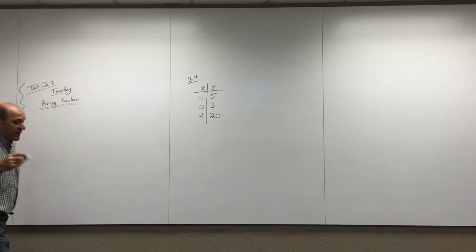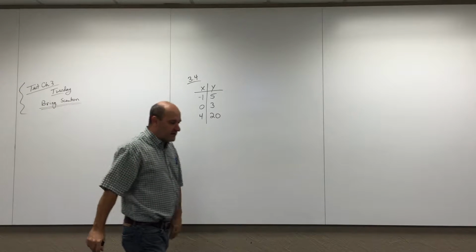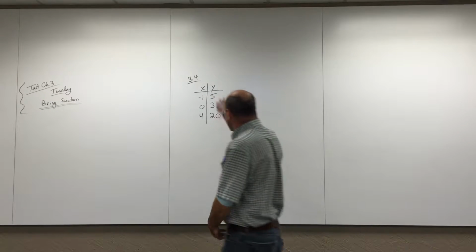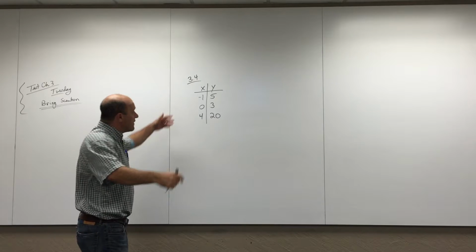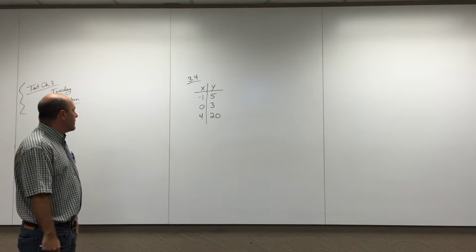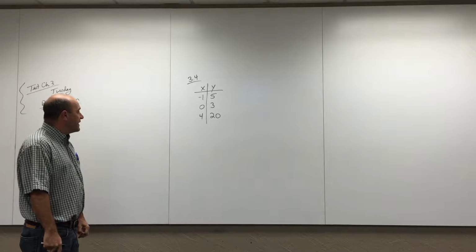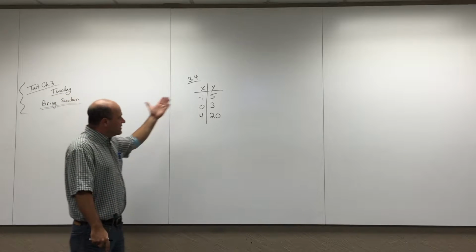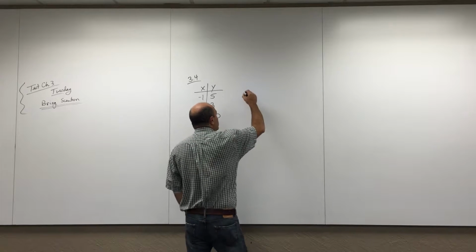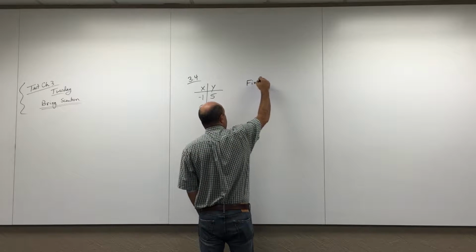But there's one topic, maybe one or two questions, that show up on the test that I haven't gotten to yet, and that is in 3.4. In 3.4, they have some questions like this. There are only a few in the homework, and maybe you've looked at them, but maybe you haven't yet. The question is, here's a little bit of data, and they want you to find the equation of the parabola.